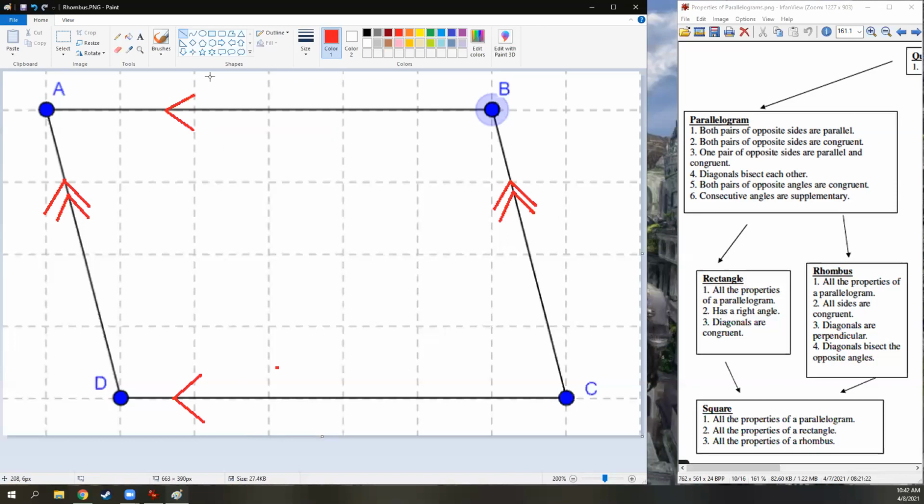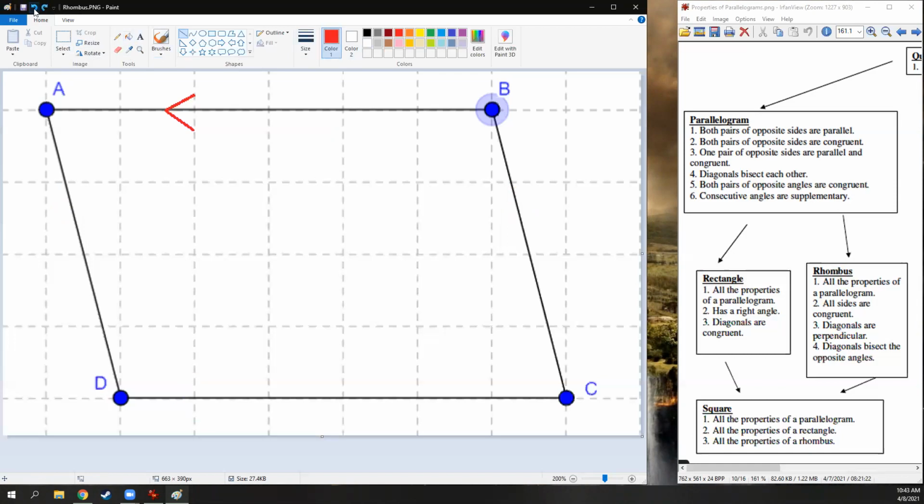Another way to draw a parallelogram, or in this case a rhombus, is, do I want to do it here? Yeah, why not? So you remember this situation from a long time ago? Two parallel lines and a transversal, right? Transversal being the line that crosses two parallel lines.